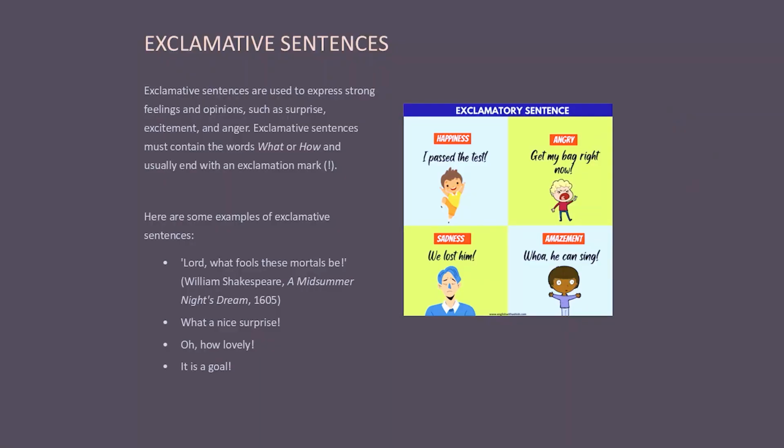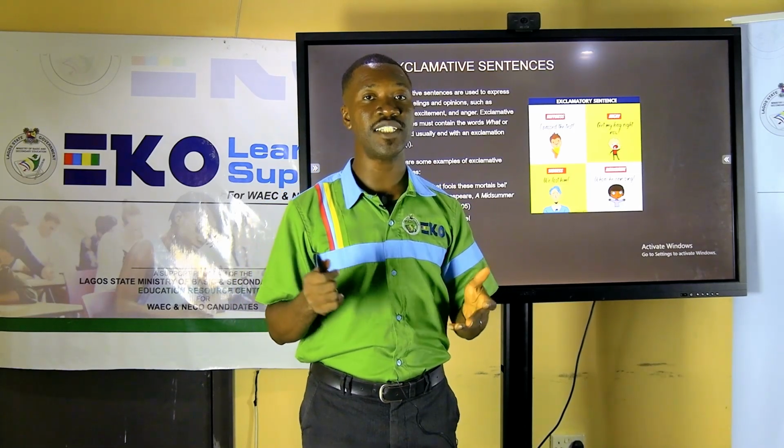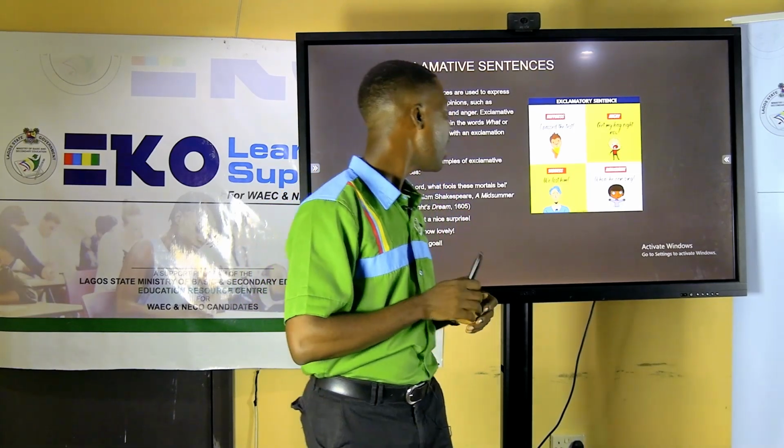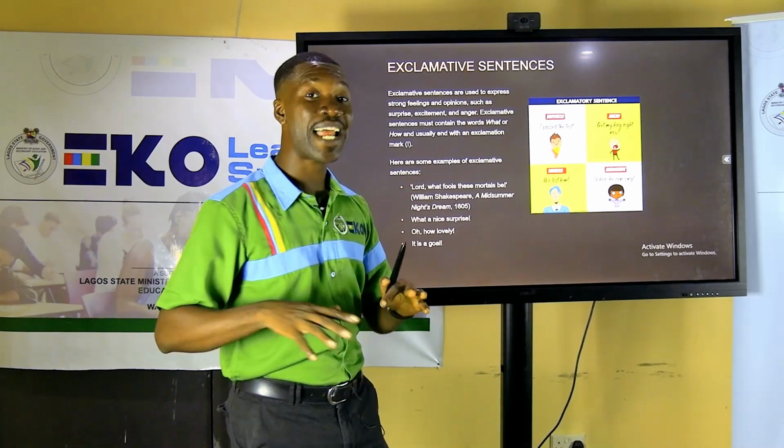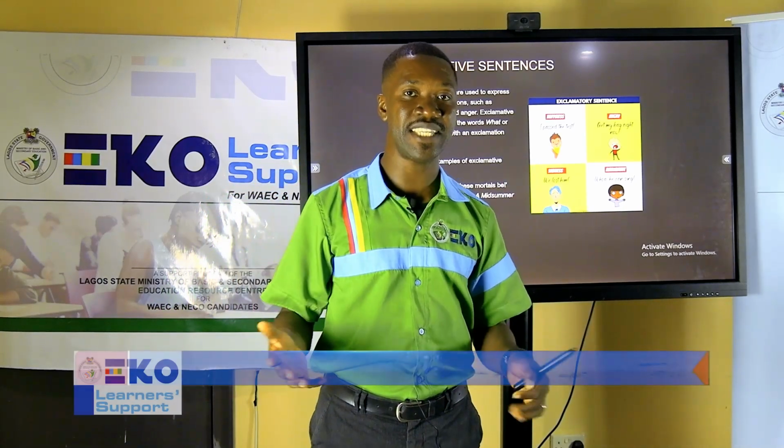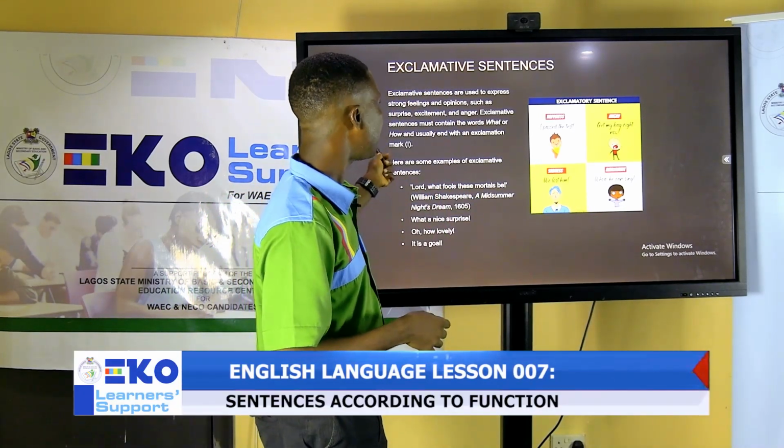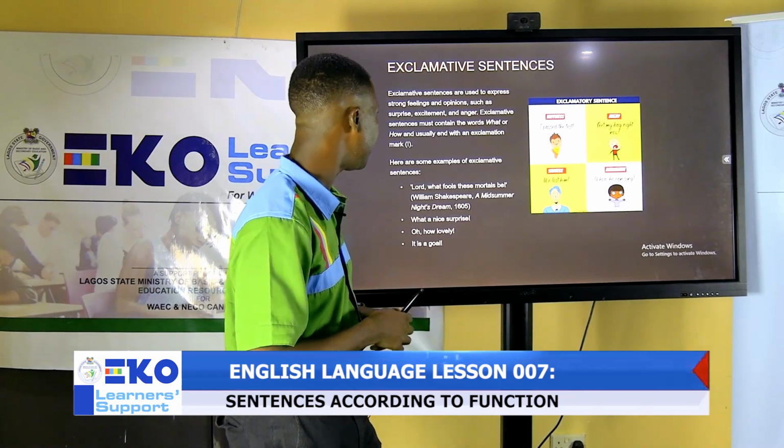Finally, we have come to the last type of sentences according to the function it performs, and we call it the exclamatory or the exclamative sentences. What are exclamative sentences?